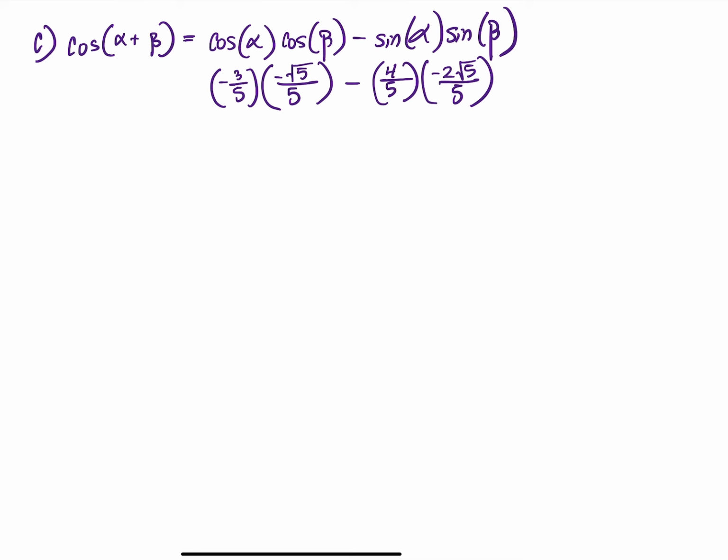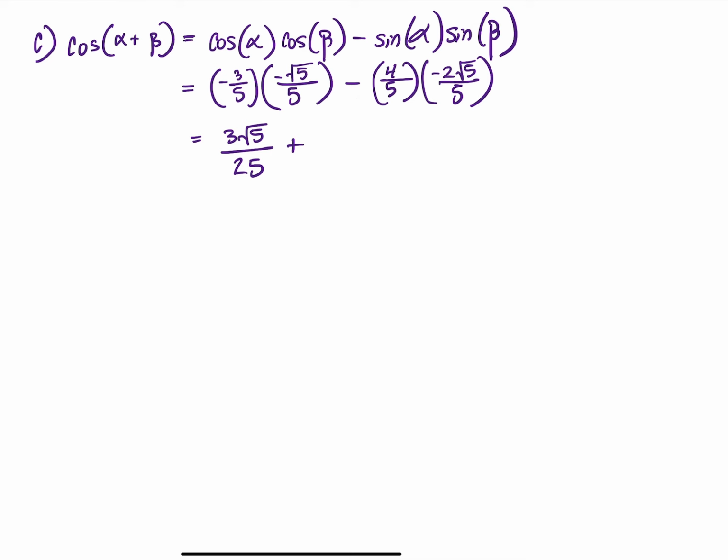So the first two terms, we have two negatives, so it'll become positive. So this will become positive 3 times root 5 over 25. Then, since we have a minus here, but then also this other negative, that should turn this into a positive as well. So this will become plus.